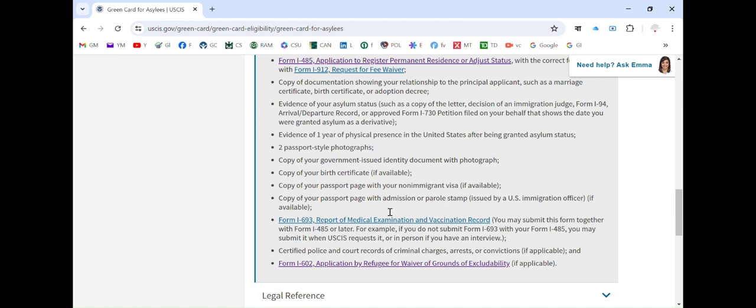Form I-693, report of medical examination and vaccination record, of course you have to submit. And certified police or court records of criminal charges, arrests if applicable. If you were ever arrested or were in a charge or conviction, then you also have to produce that document.